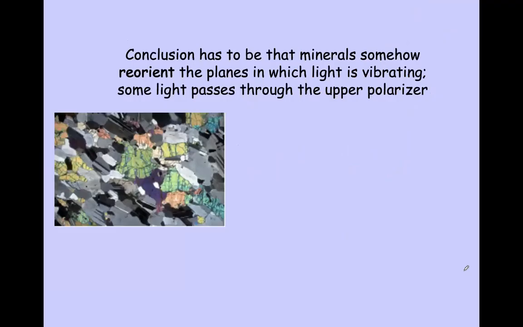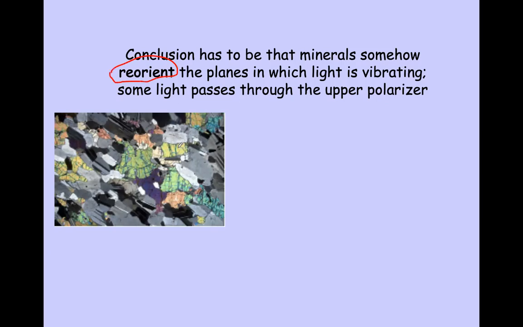Okay, so we will move on. The conclusion is that having these different colors after the second polarizer means some minerals, after light passes through the sample stage, can reorient the light. Some minerals can reorient, some minerals cannot.